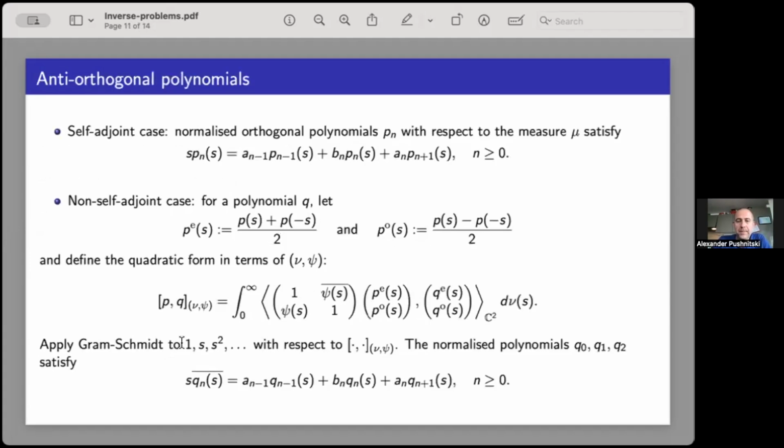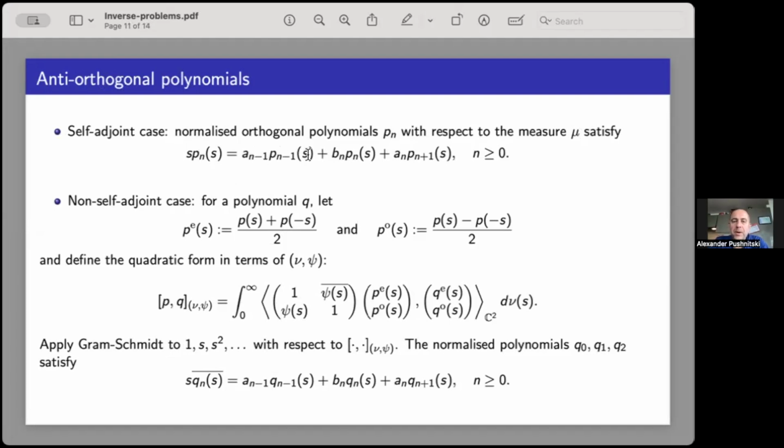So at this point, let me go back to the self-adjoint case for a second. Remember that in the self-adjoint case, if we want to reconstruct the matrix from the measure, we do it through these normalized orthogonal polynomials. We start with L2 with respect to the measure mu.